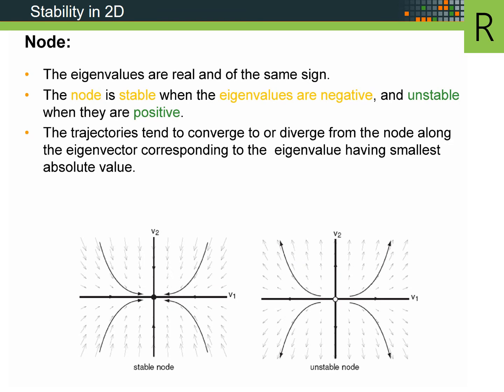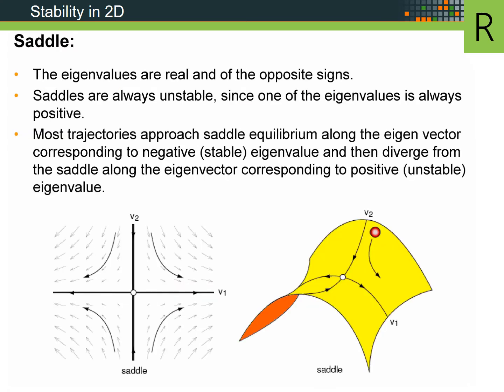We then characterize this again as a summary. If we do the eigenvalues and they are both real and of the same sign, then the node is stable when the eigenvalues are negative and unstable when they're positive. If we have both eigenvalues real and of opposite sign, then this implies that one is attractive and one is repelling.